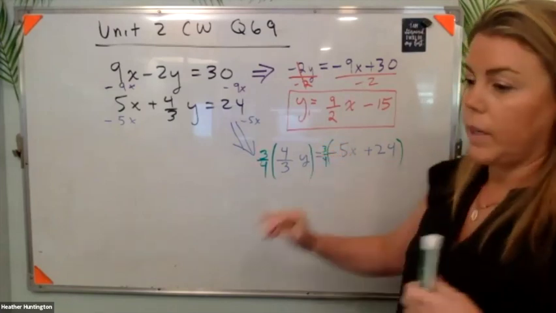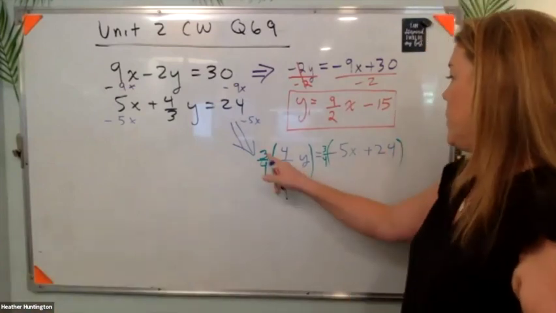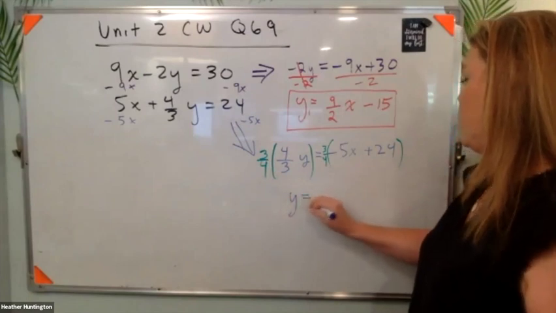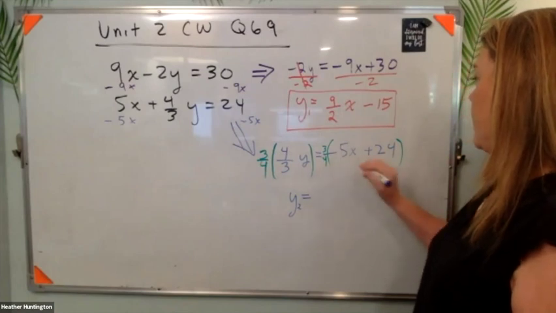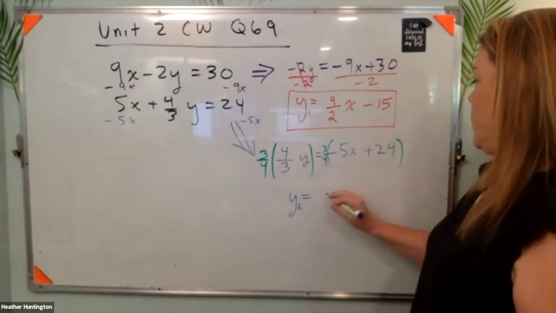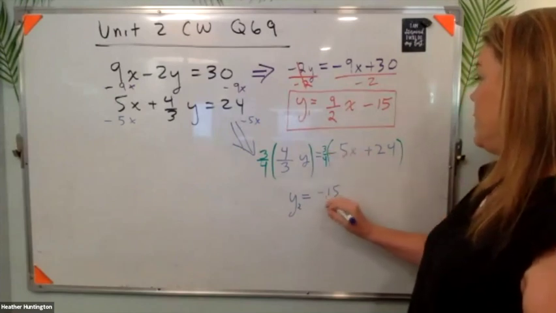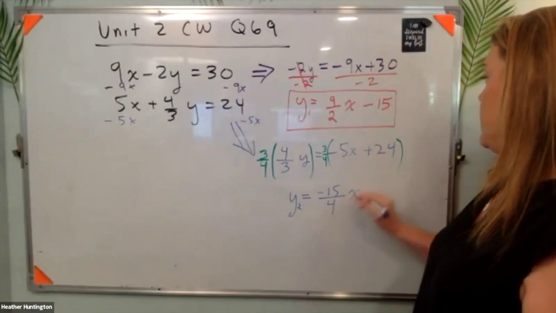Okay, so that's how we get 1y. Right? So 3/4 times 4/3 is 1. So we have y. I'm going to call this y sub 2. And then we get negative 15, because 3 times negative 5 is negative 15, divided by 4x.